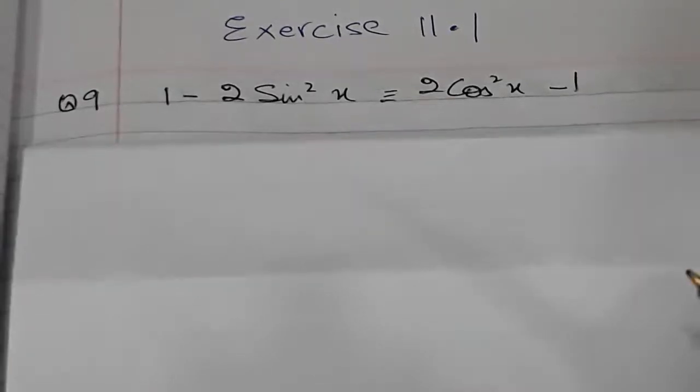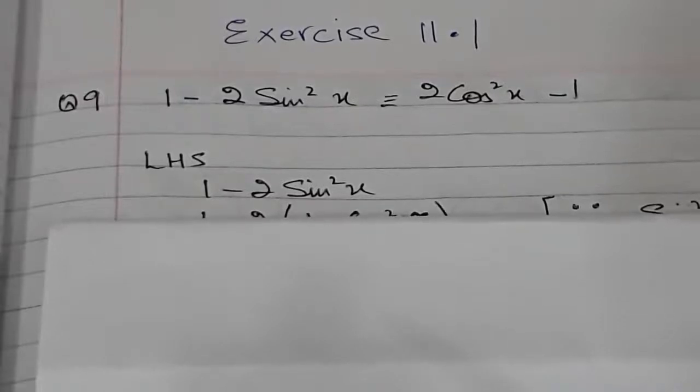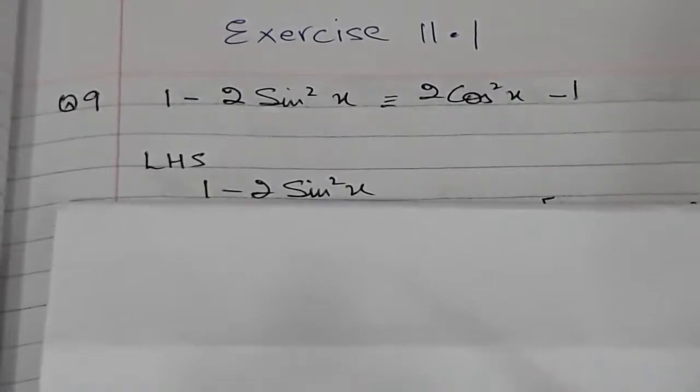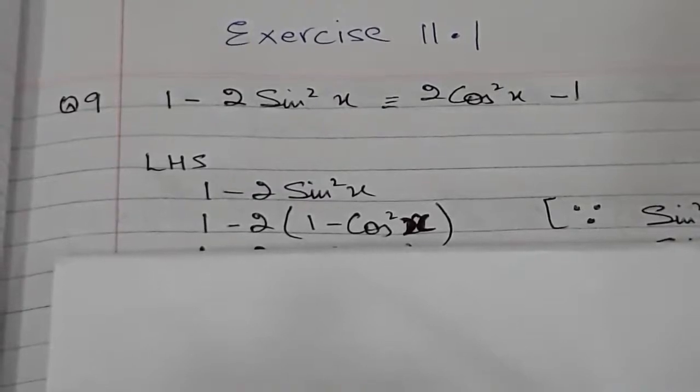So let's take the left hand side here: 1 minus 2 sin square x. Which identity can I apply here from the ones I have just shown you? It is 1 minus cos square x in place of sin square x. You know why? Because we have seen the identity sin square theta plus cos square theta equals 1.